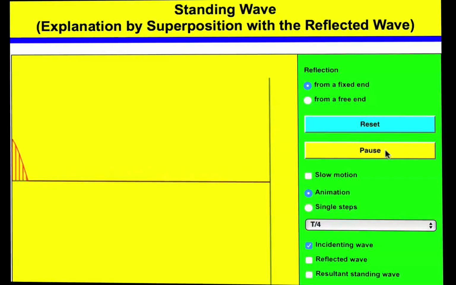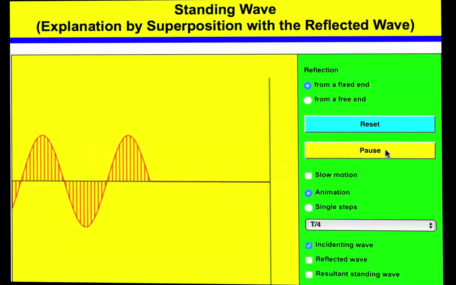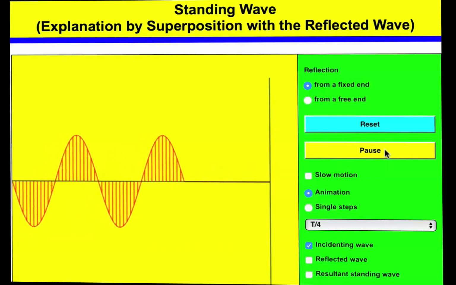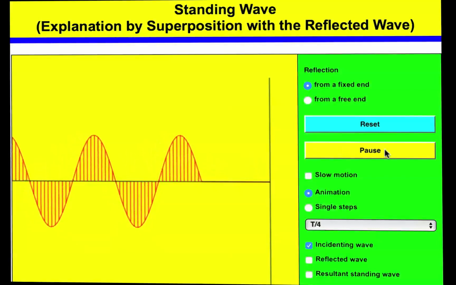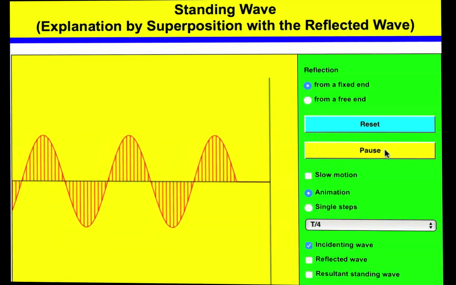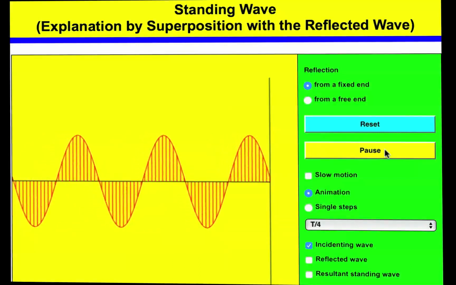A wave somehow comes and it's been created maybe by shaking the left-hand end, and it's moving towards the right. It's moving at a speed which is, of course, the speed of the wave in that medium, and if it's a string, we can adjust that speed by changing the tension. That's what we'll come to later.